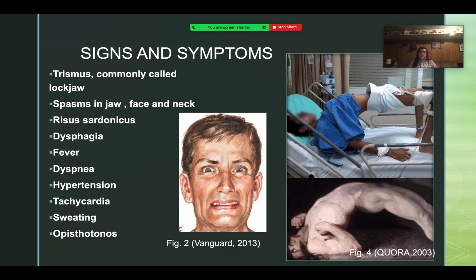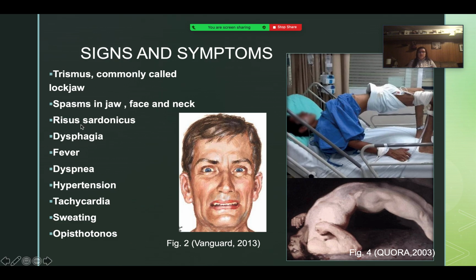The signs and symptoms of tetanus include trismus, commonly called lockjaw. It is a reduced opening of the jaws, caused by spasm of the muscles of mastication. Also, there is spasm in the jaw, face, and neck muscles, which are involuntary movements in one or more muscles.